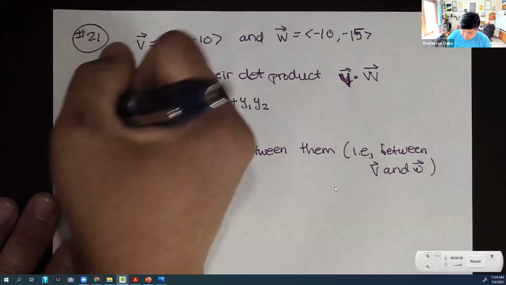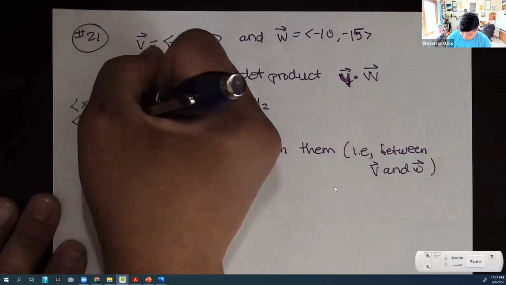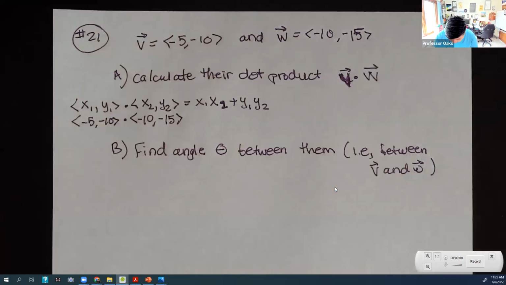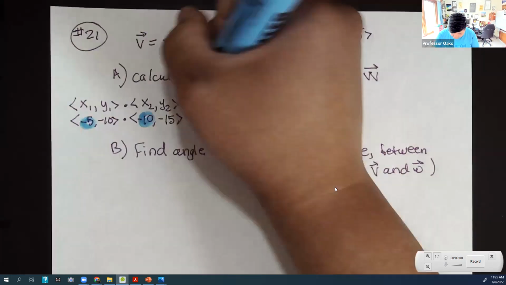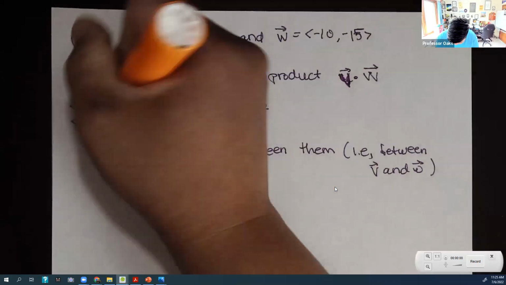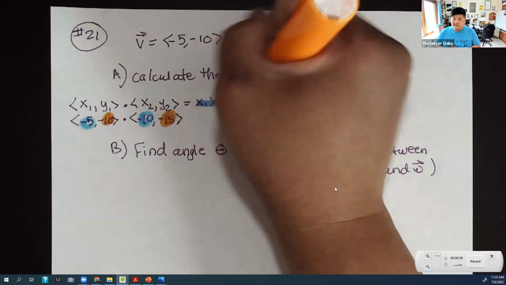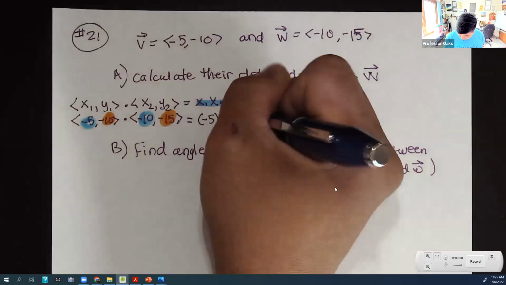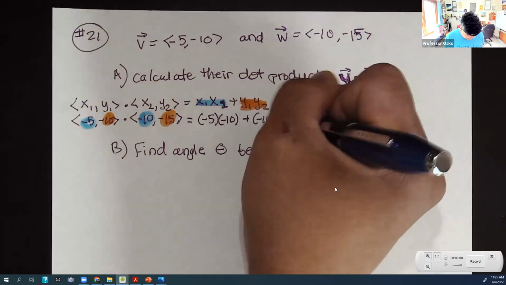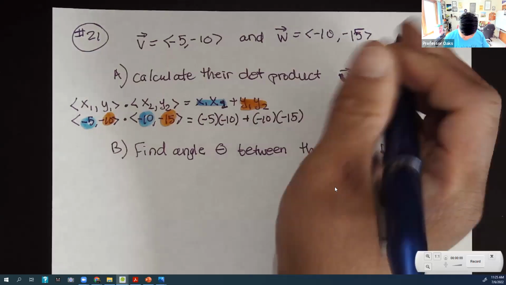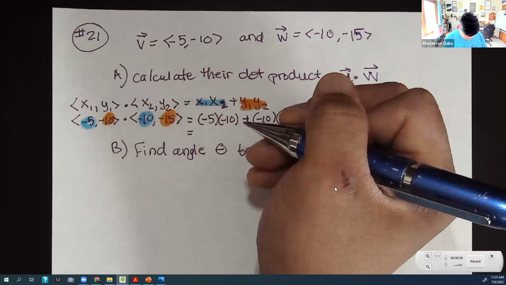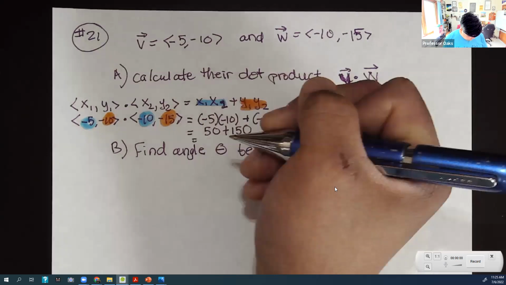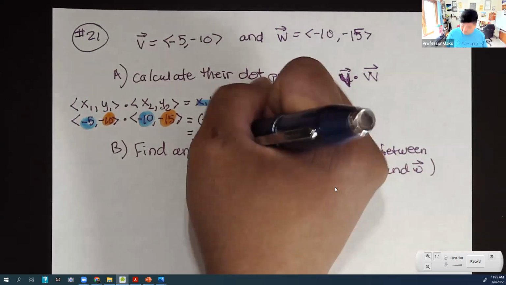So if I have -5, -10 dot -10, -15, I just multiply these two numbers together, multiply these two numbers together, and add it all together. That's as simple as it is. -5 times -10 plus -10 times -15, and you're left with 50 plus 150. So the whole thing for that one is 200.